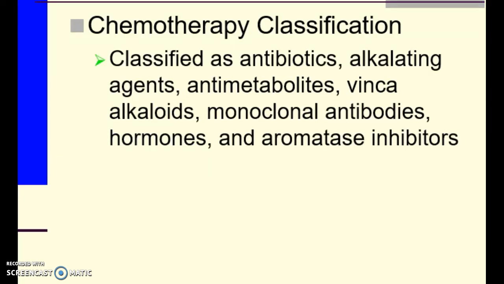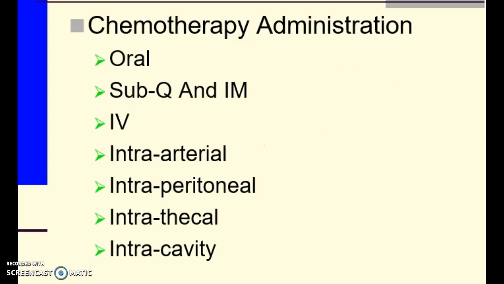Just know there's a lot of different kinds, and they mostly affect the RNA and the DNA of the cell. They can be administered orally, subcutaneously, intramuscularly, IV, arterial, peritoneal, intrathecal, and intracavity. So just about any way you can pour something to poison those cells, they have found a way that they can do it.